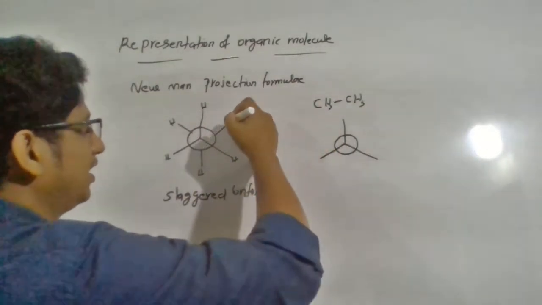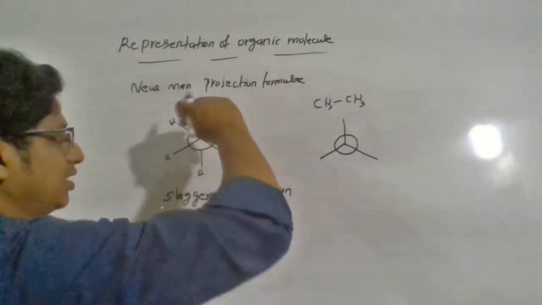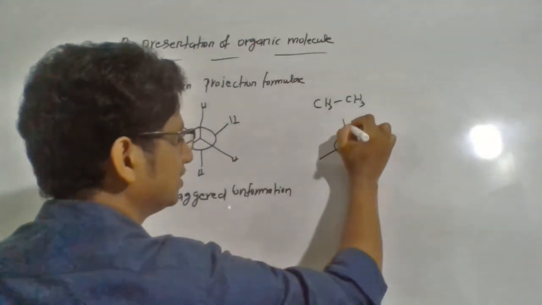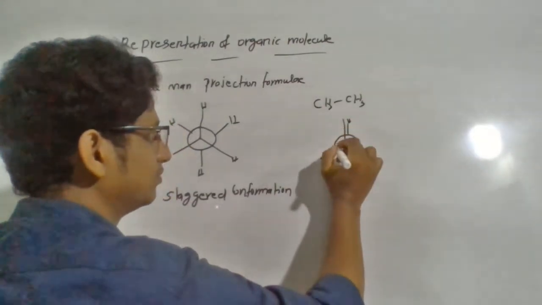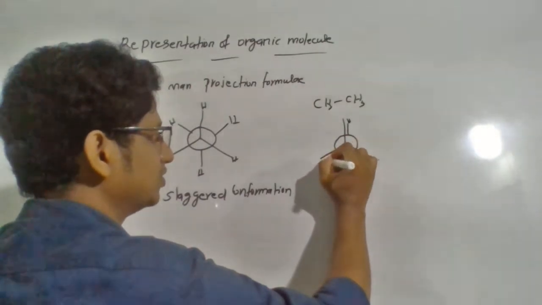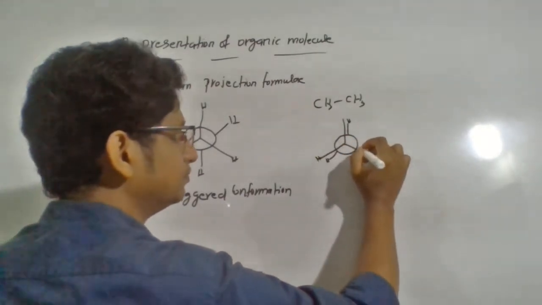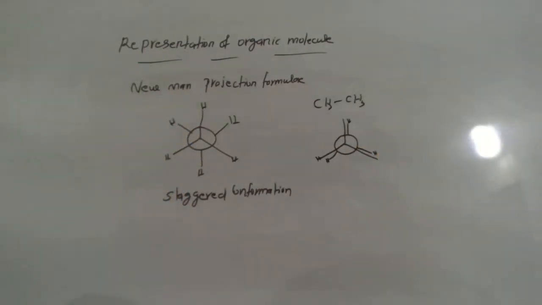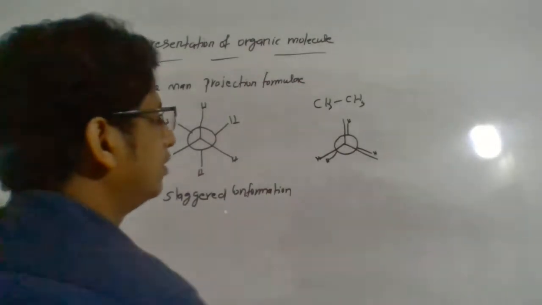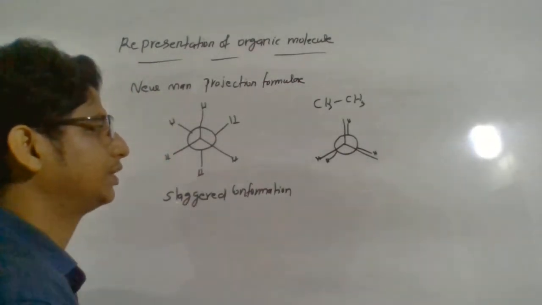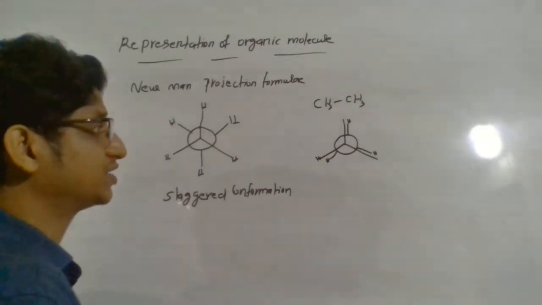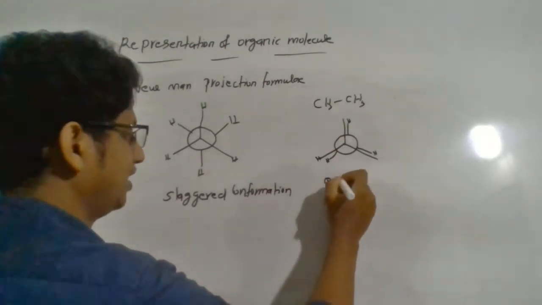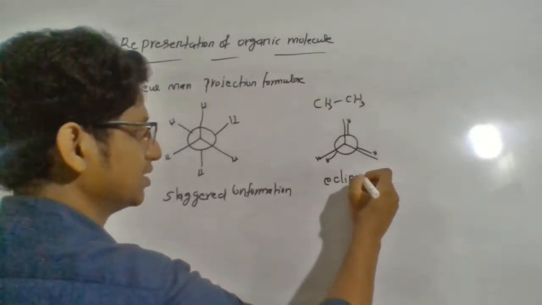The other CH3 part I just rotated, so that one case will come where the hydrogen atoms are closest to each other. That's the case where you experience the highest electron repulsion. Hence, this is the eclipsed conformation.